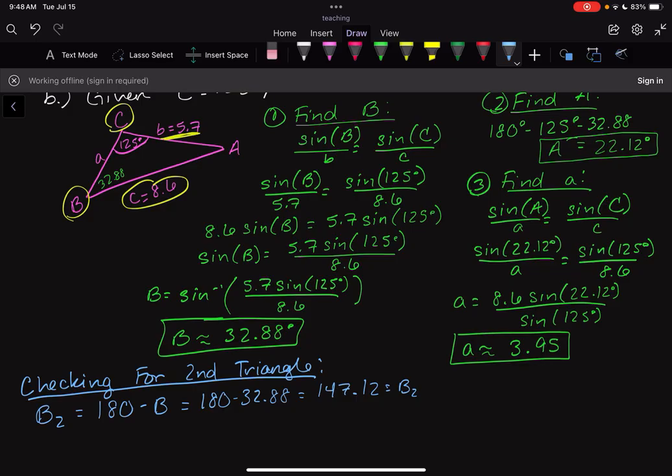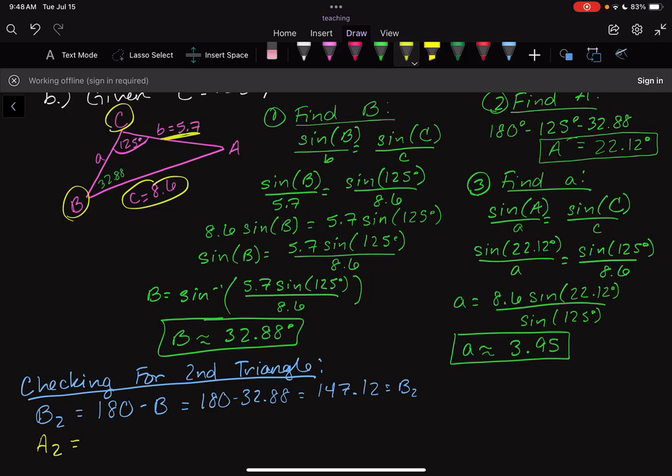All of the other information that you were given is still the same. We still have the same angle C and the same side C. Now we have to check if maybe there's a second angle A, so we're going to check our A2. Again, I'm going in the order that I went for the first triangle.